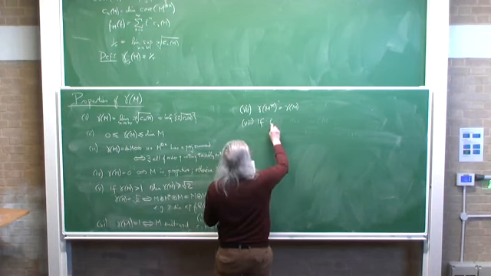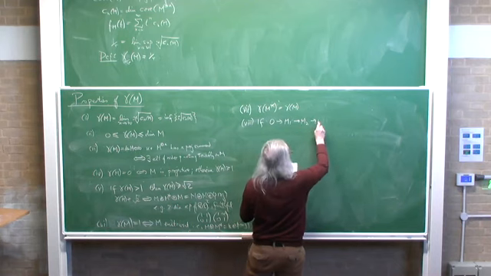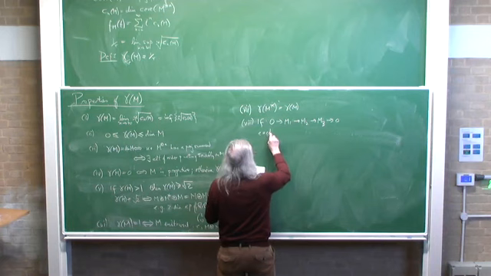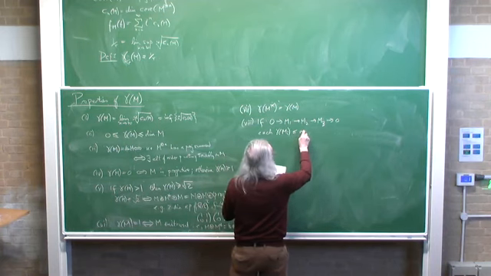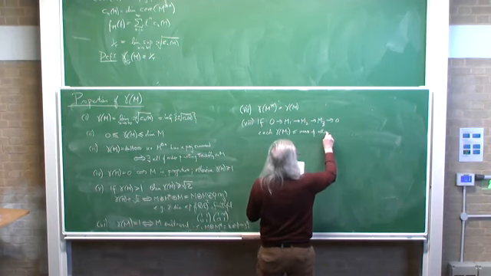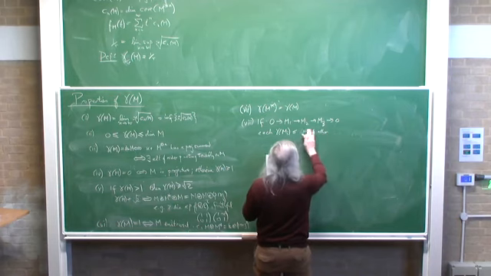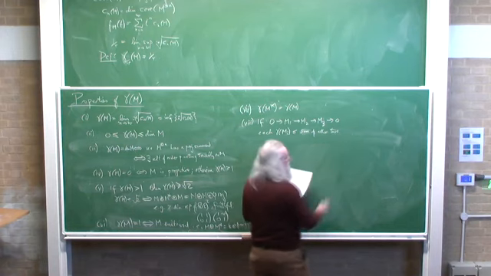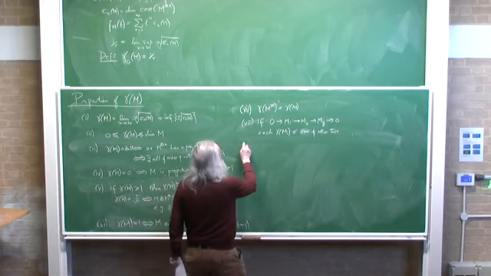If you have a short exact sequence, M1 to M2 to M3, then each gamma of Mi is less than or equal to the sum of the other two. That's a fairly obvious property.